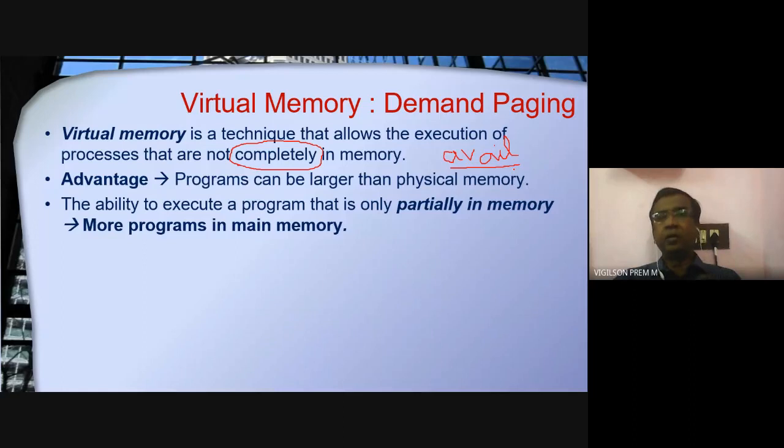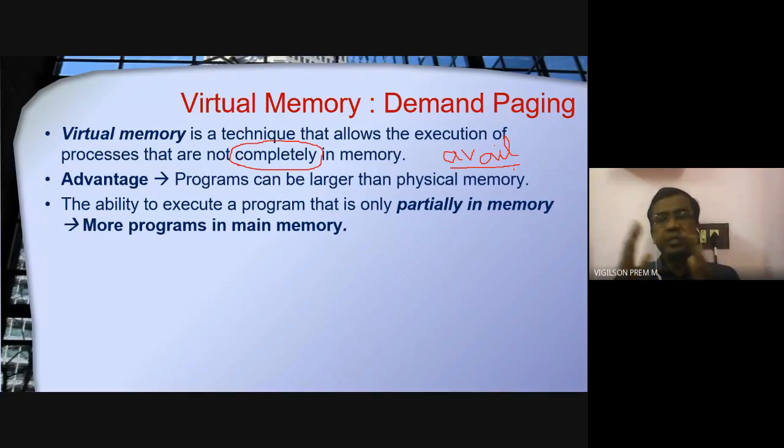Now you can go and rewind the contiguous allocation, paging and segmentation topics. In all three techniques, your entire process must be available in the main memory. If process P1 size is 100 MB, all the 100 MB must be available in main memory.